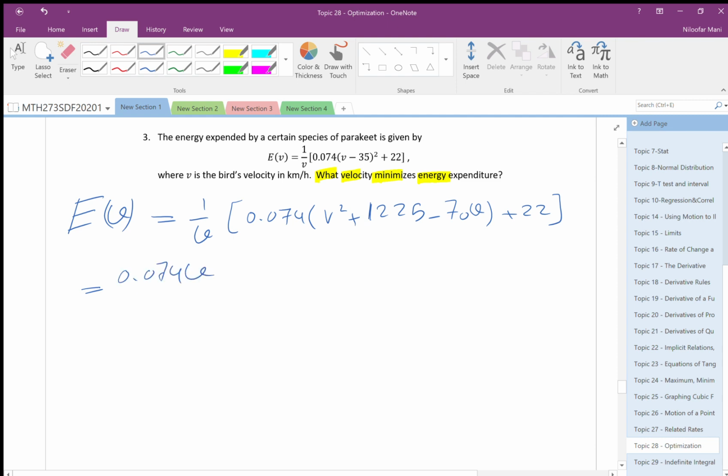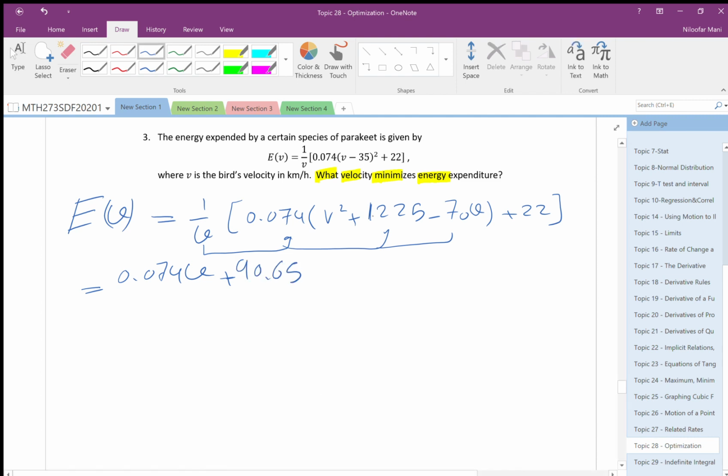When I multiply this with each term, plus this number. So this number, 1225 times 0.074, is 90.65.